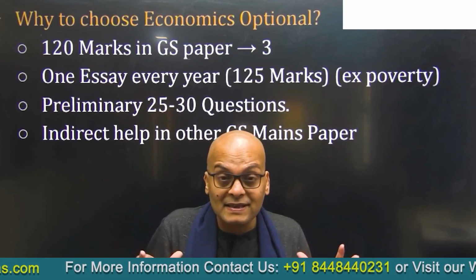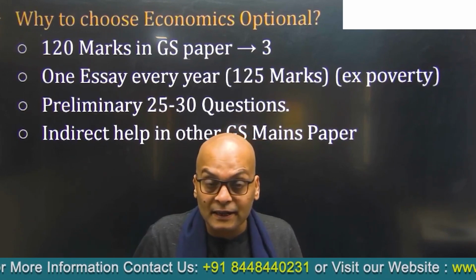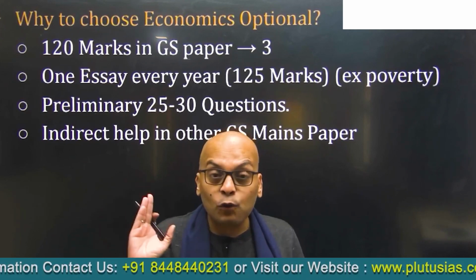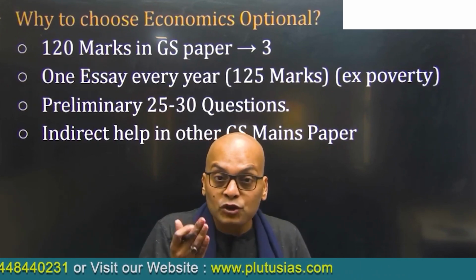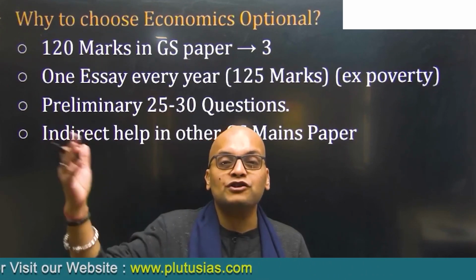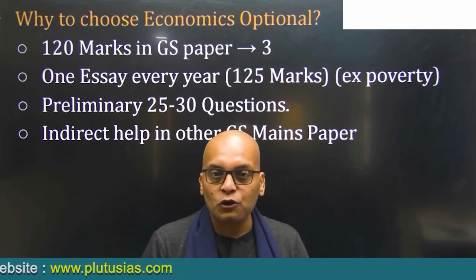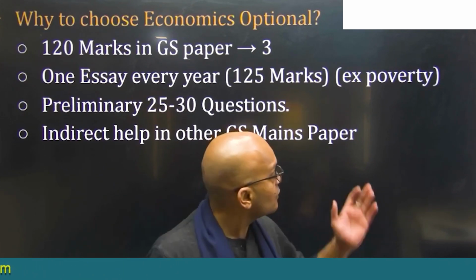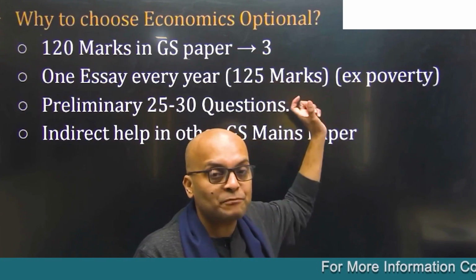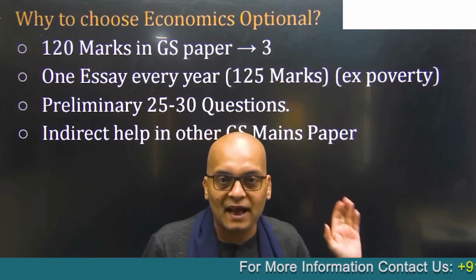All these sectors come under Indian economy. Hence, by opting for economics as an optional subject, you are increasing your chances of selection, because just by going through the subject thoroughly, it is going to help you in all other domains as well.